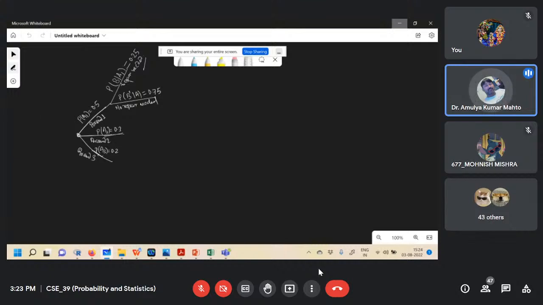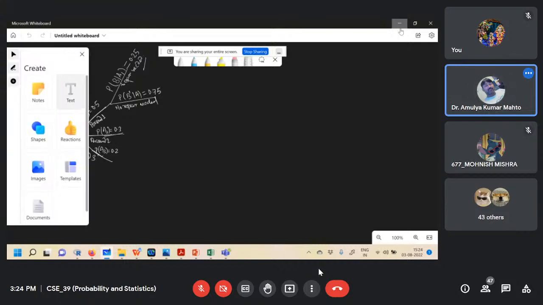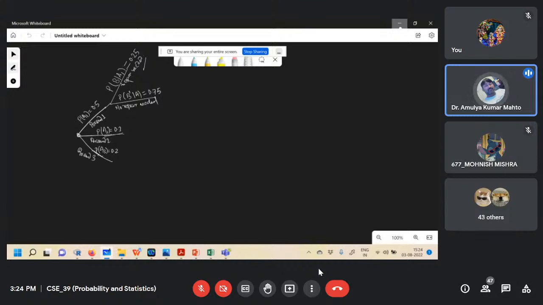Then again, if I go to the next, when I have brand two products, we can see that it has two options. One is the probability of need repair, and it's a brand two product.